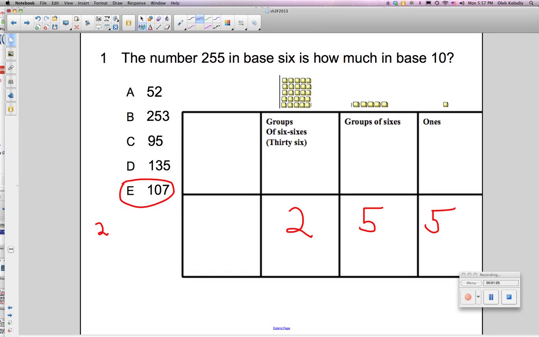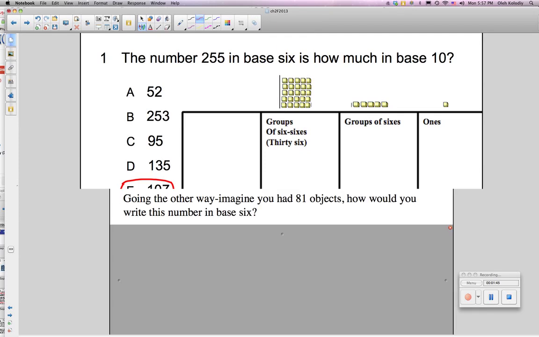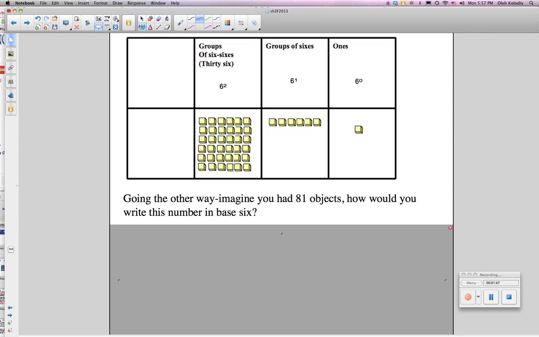So that would be the correct answer. 2 times 36, 2 36s. 5 times 6, 5 6s. And 5 times 1. Add all these up and you should get 107.